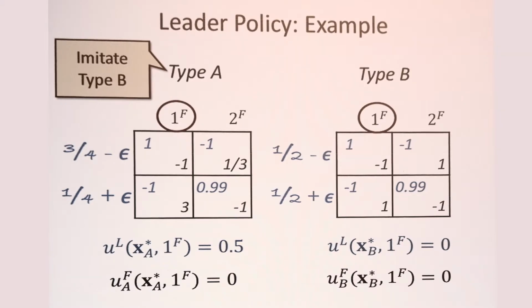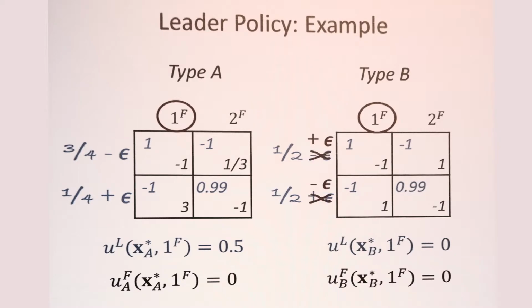We have known that if the leader always commits to her optimal strategy, then what happens here is that a type A follower would be incentivized to imitate a type B follower. So it turns out that the correct thing here for the leader to do in this game is to induce a type B follower in a different direction, to induce the type B follower to play action 2 instead.